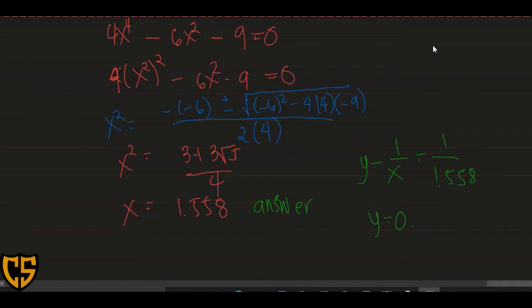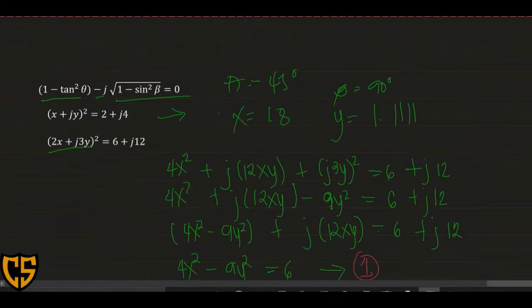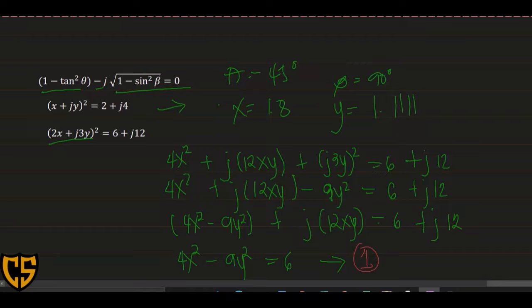So for the x value, our x is equal to 1.558 and our y is equal to 0.642.